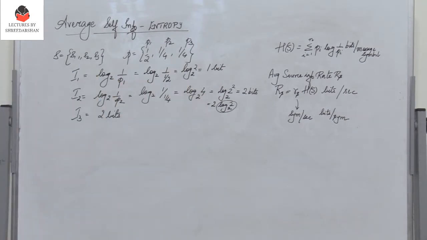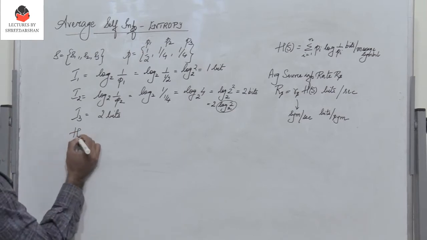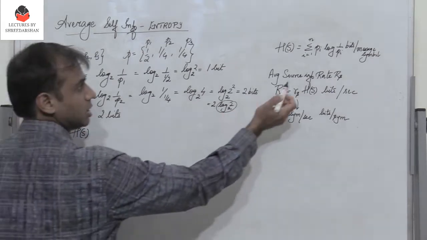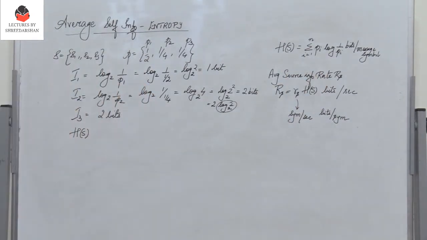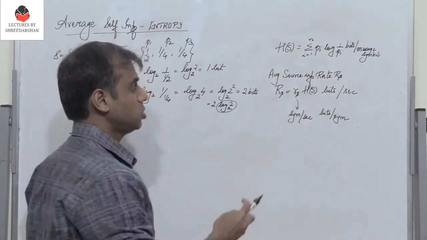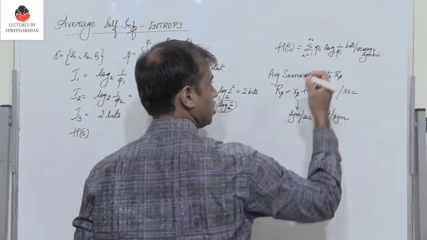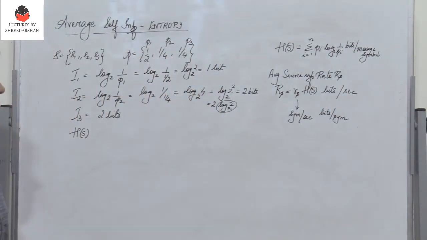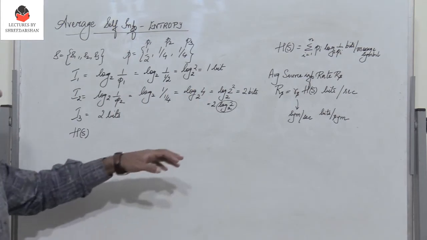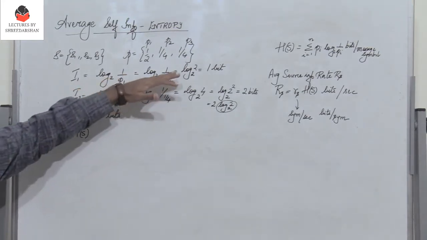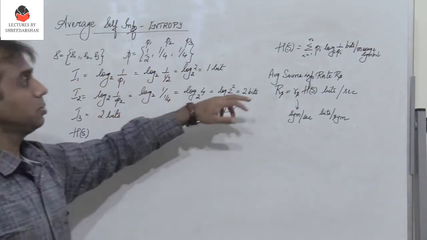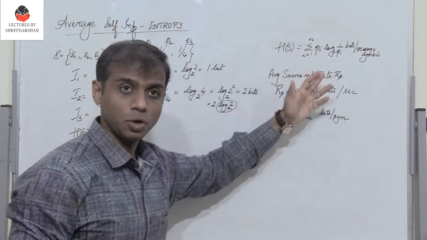Now we need to find the entropy. H(S) is given by the expression summation i varying from 1 to n of p_i log to base 2 of 1 by p_i. We have found log 1 by p_i, that is the self-information, so now I need to multiply the self-information with their probabilities.